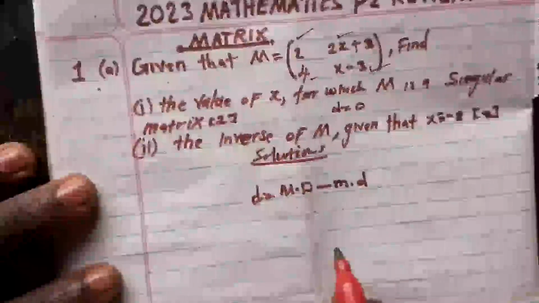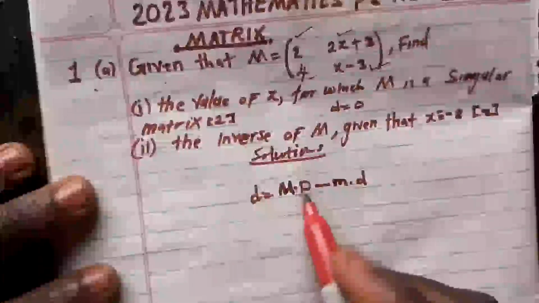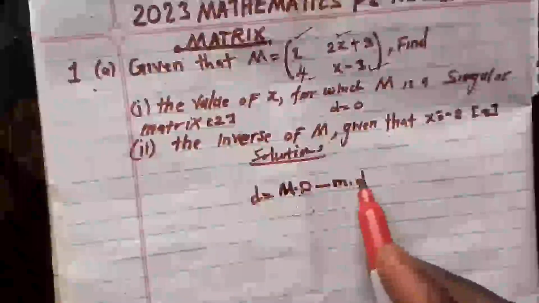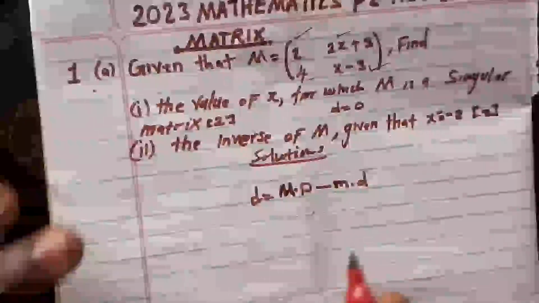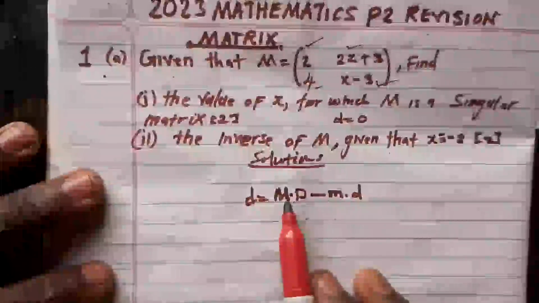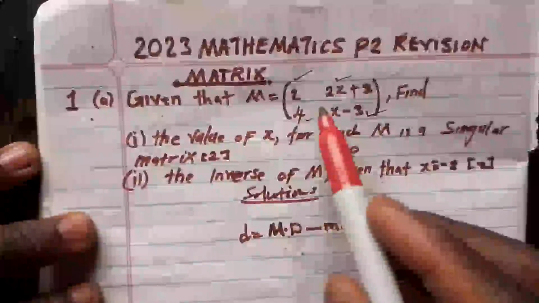Here I've used capital D and capital M to denote major diagonal, and small m and small d to denote minor diagonal. So you are going to cross multiply here.